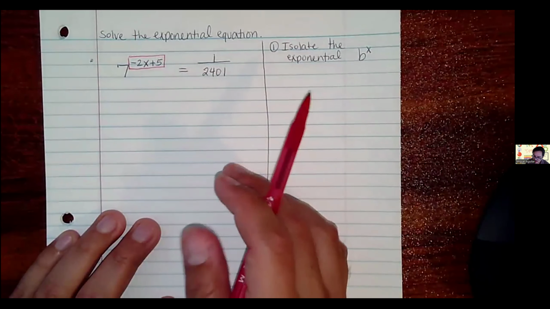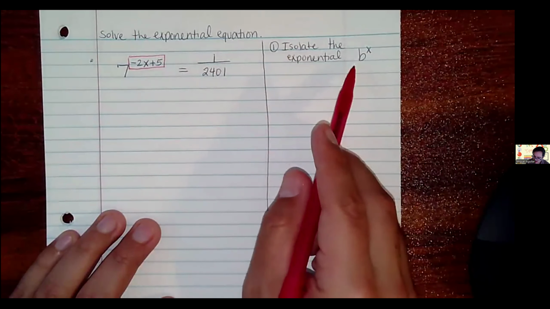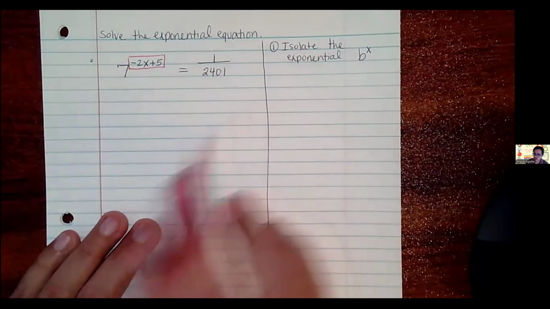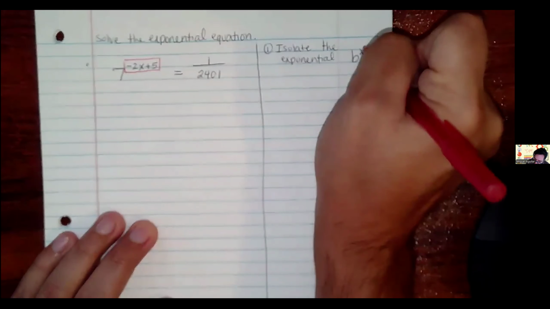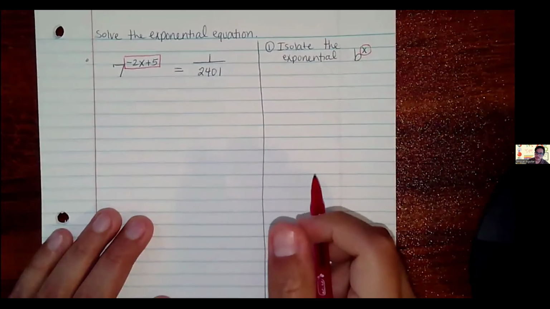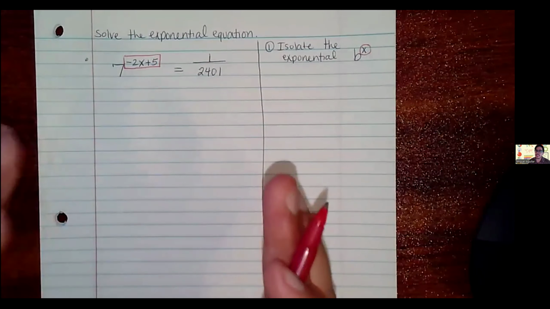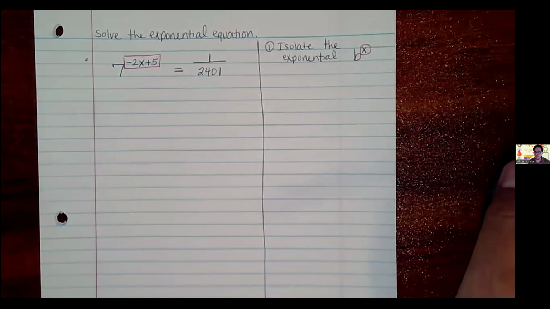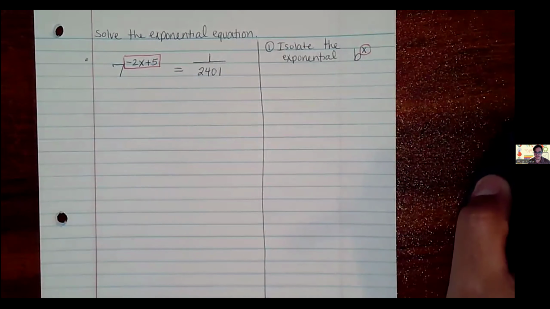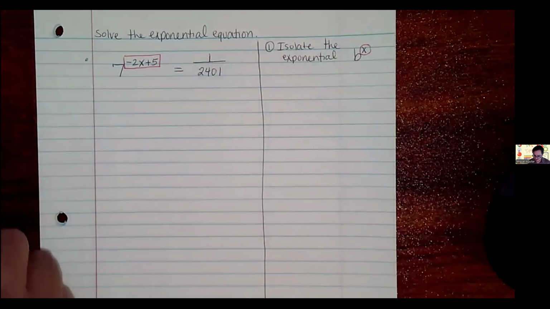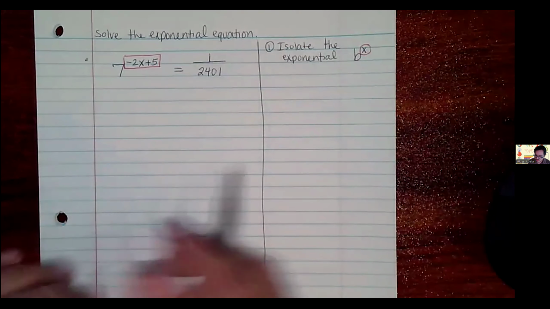Okay. So what we want to make sure that we do every time we start off one of these problems, the b to the x power, however complicated that exponent looks, we want to make sure that that term that has the exponent is by itself. Now, is that the case starting off this problem? No. Okay.